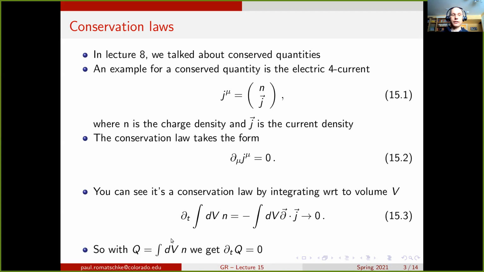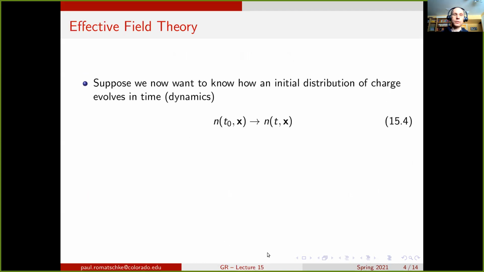So if we define the total charge Q as the volume integral of the charge density, equation 15.3 reads d_t Q is 0, and that just means that the charge Q does not change as a function of time because its time derivative is vanishing. Suppose now we want to know how an initial distribution of charge evolves as a function of time.